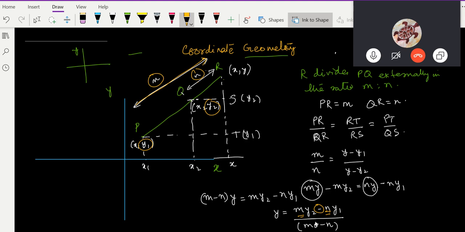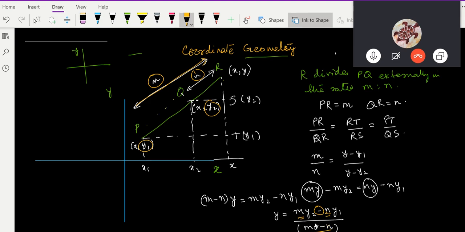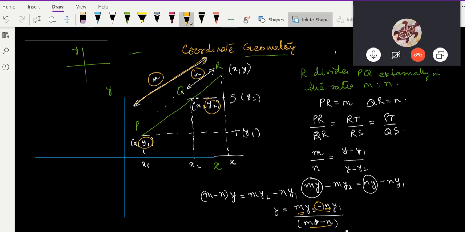And because it is m minus n, we get m minus n in the denominator also. So similarly, if I do the x coordinate, it will be exactly the same. So I don't need to do the x coordinate. I can straight away write x equal to mx2 minus nx1 by m minus n.